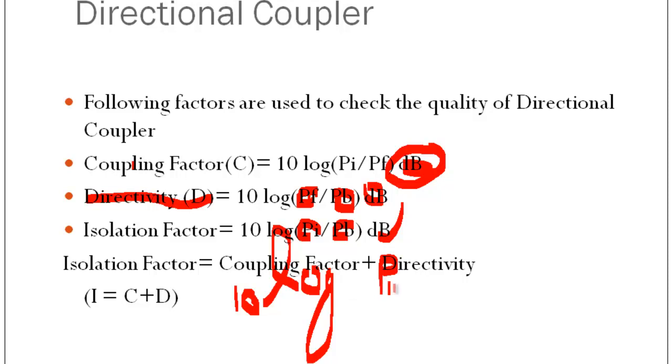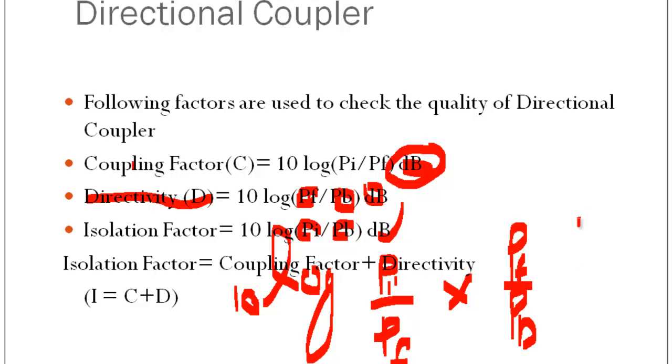Pi divided by Pf, multiplied by Pf upon Pb, right? So we can write the isolation factor in this formula.